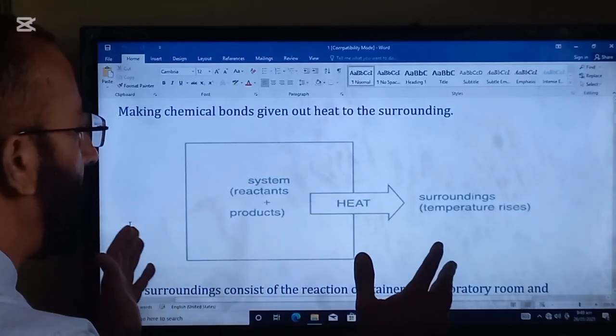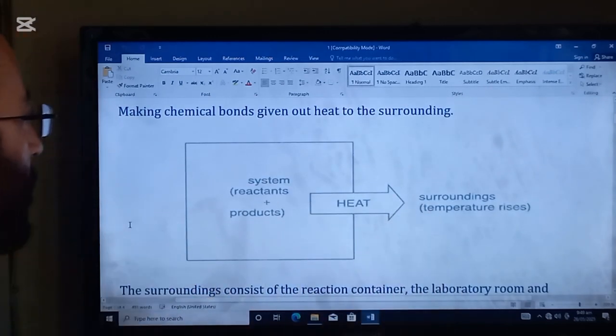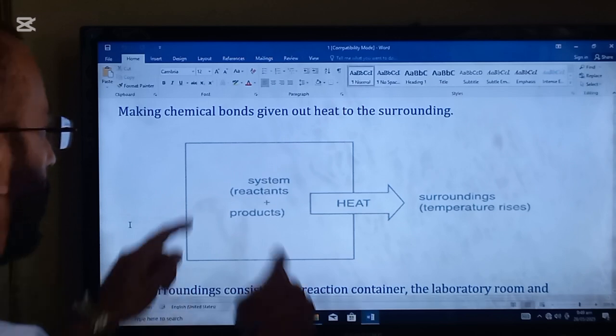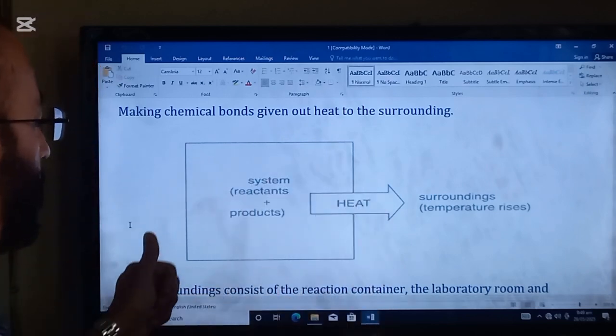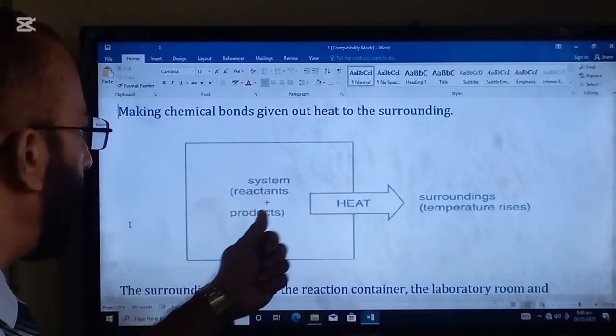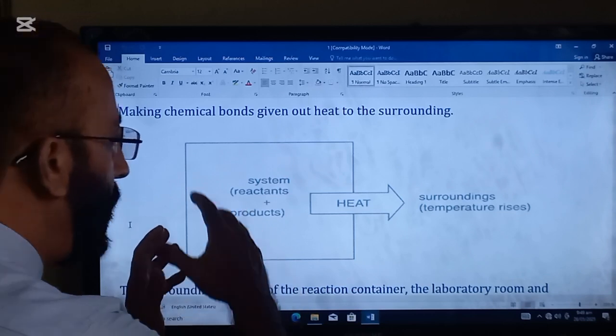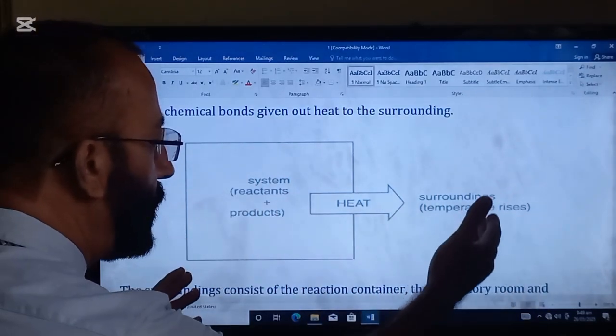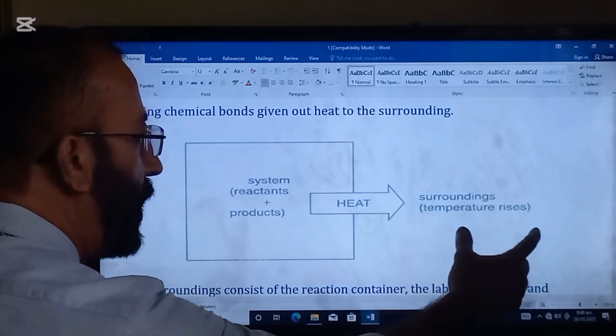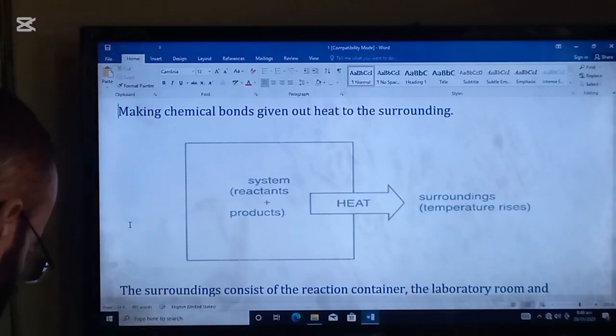Here is a general figure of exothermic reactions. Here is a container which is containing reactants and products. In the reaction, heat will be given out to the surroundings. So that's why the temperature of the surroundings rises.